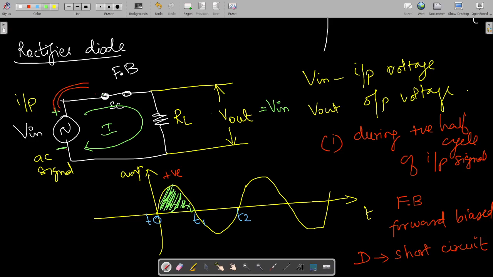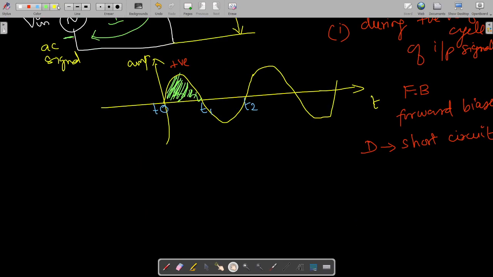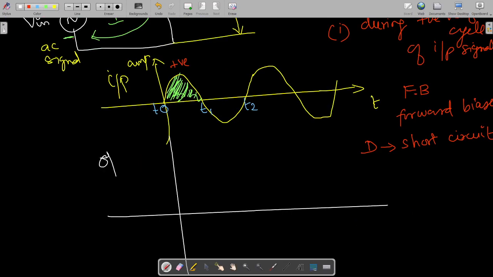Understand? So how will the waveform be? This is your input, this waveform is the input. If you take the output voltage, here now I am representing your output voltage. This is your amplitude and this is your time axis from T0 to T1 and then T1 to T2.